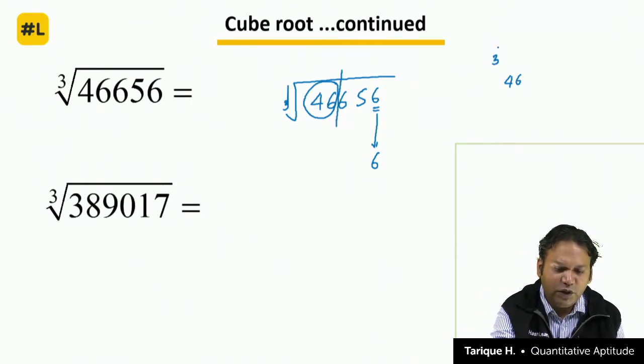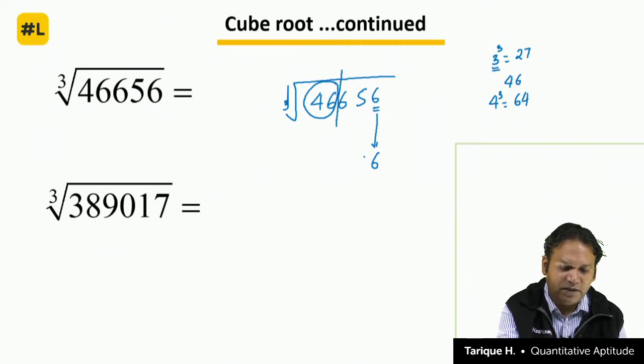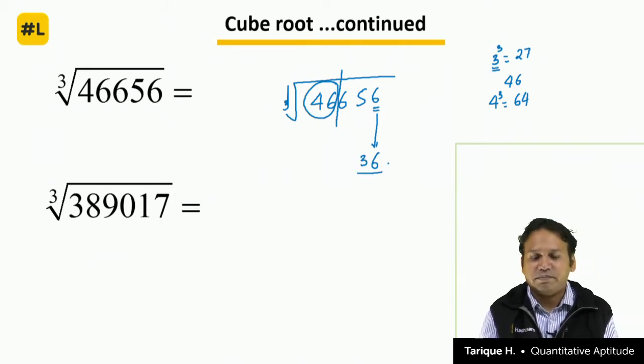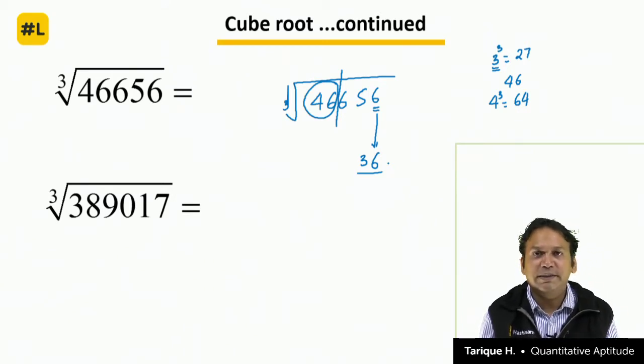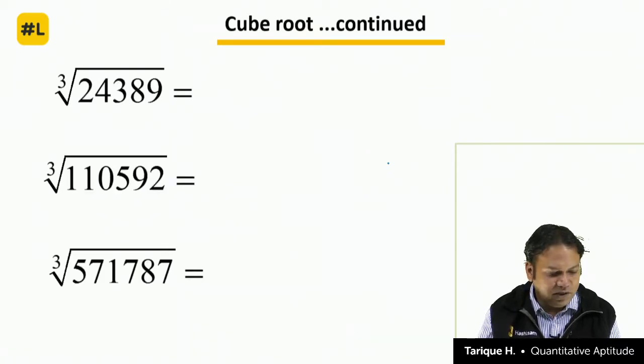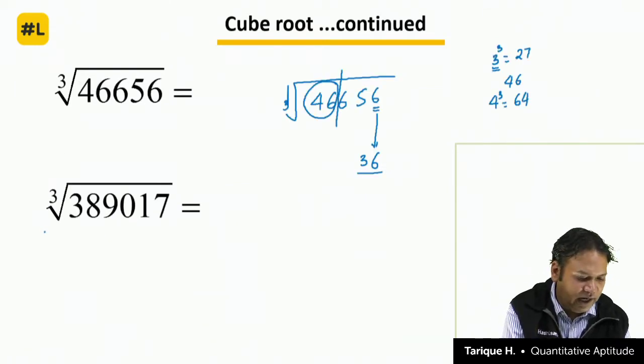We'll say it's between 3 cube and 4 cube. So we will take the smaller number 3, keep it here, and that's your answer. What is the cube root of 46656? Answer is 36.